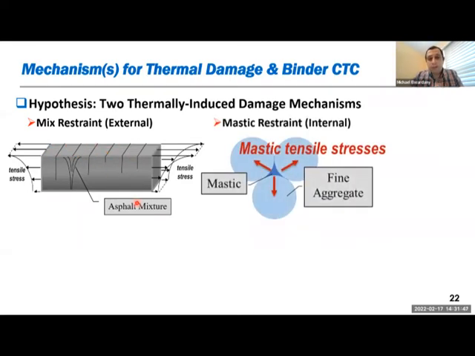However, we also looked at the actual material at the mixture level. We found that at the mixture level, even if we don't restrain the specimen, if we quench cool it or apply a very high cooling rate to the mix, the differential contraction between the mastic phase and the larger aggregate size particles could form stresses high enough to cause damage internally in the specimen.